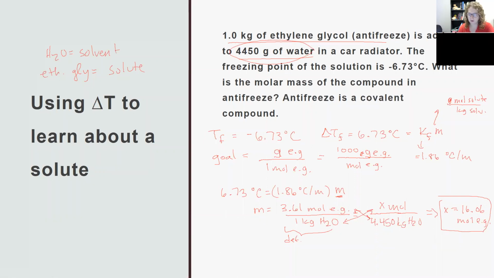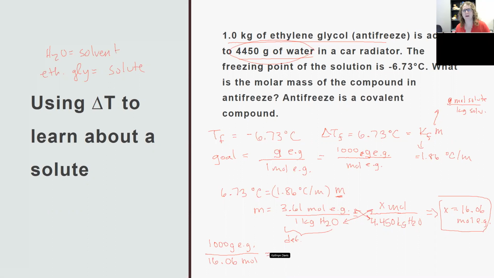Fantastic, because my goal is to get grams in 1 mole, right? I know that I started with 1,000 grams of ethylene glycol. And I know from my calculations from freezing point depression that that was equal to 16.06 moles.